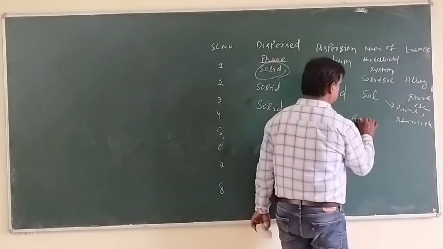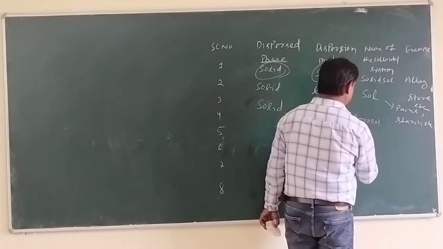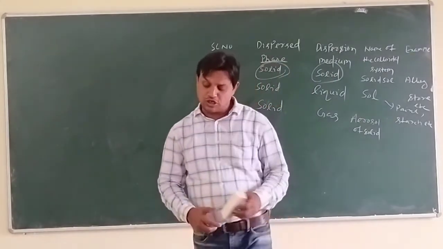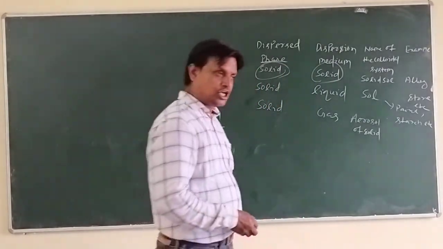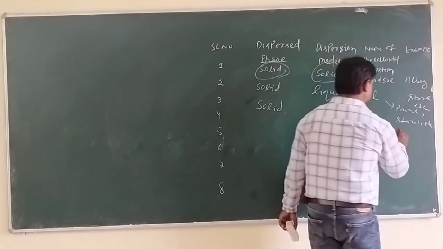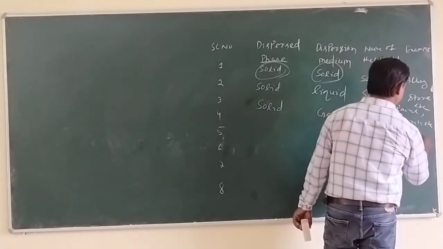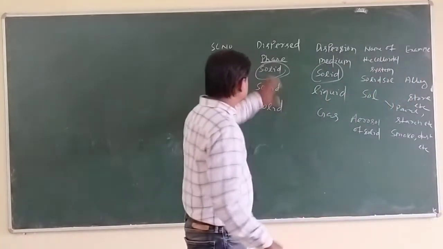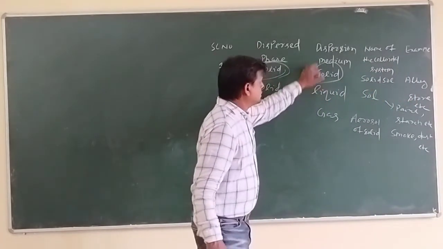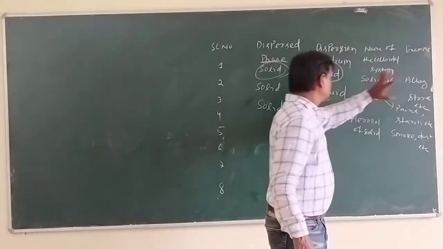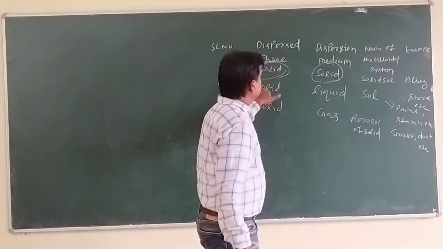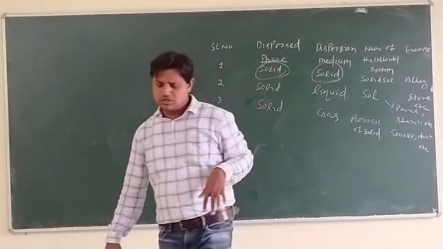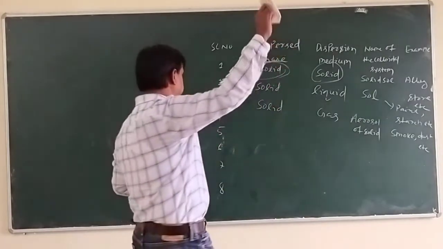Examples of aerosol of solid are smoke, dust, etc. So if the dispersed phase is solid and the dispersion medium is solid, it is solid sol; solid and liquid is sol; solid and gas is aerosol of solid, such as smoke, dust, etc.